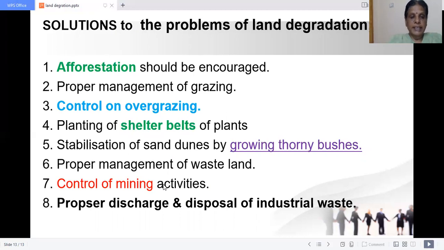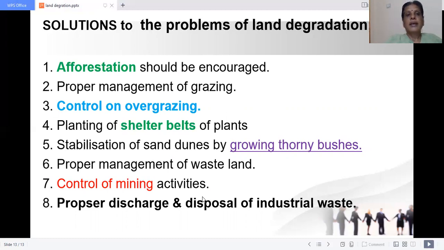And proper discharge and disposal of industrial waste: it should be made mandatory that industrial waste is allowed to drain into the rivers and ponds only after treatment, to control the pollution of river and pond water.